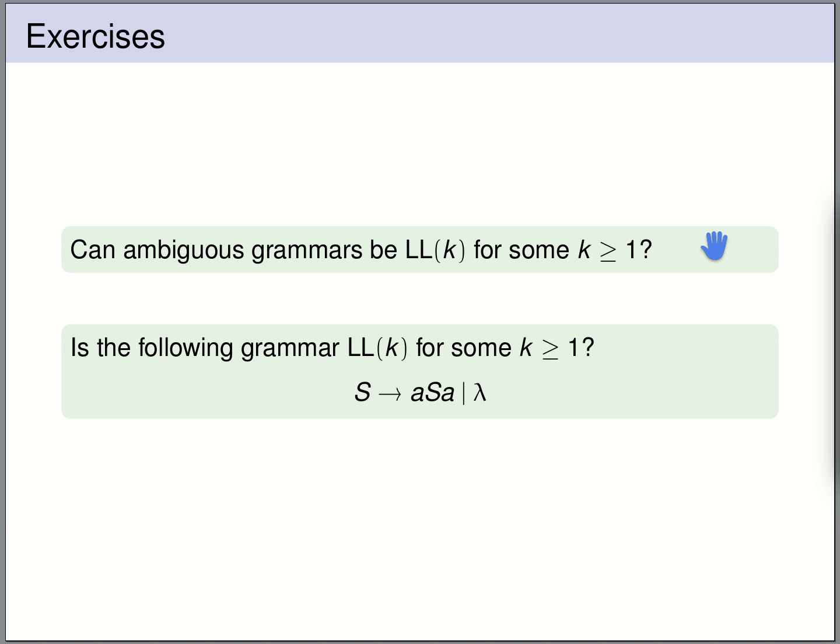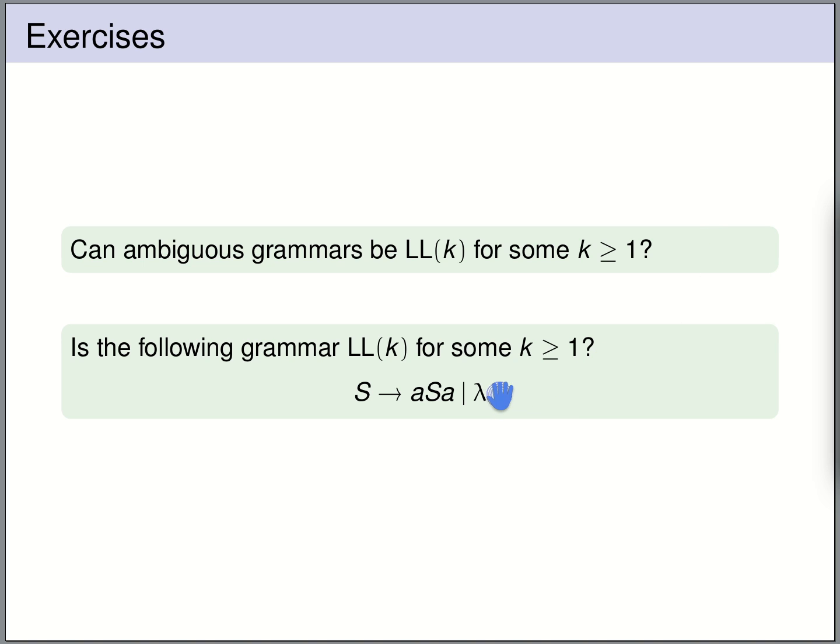And then for this particular input word, no matter what look ahead you have, there's always a choice in what rule to apply, because you have two different derivation trees that give the same word. So no matter how high k we use, the look ahead will not be sufficient to uniquely determine the rule. That means ambiguous grammars can never be LLK for any k.